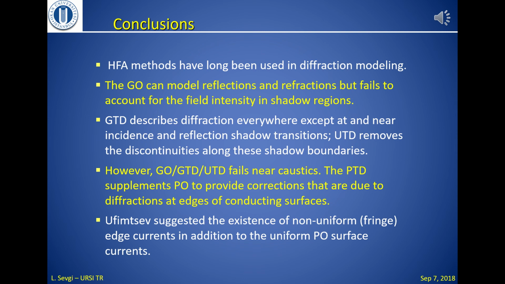However, GO, GTD, and UTD fail near caustics. The PTD supplements PO to provide corrections that are due to diffractions at edges of conducting surfaces. VV&C suggested the existence of fringe currents in addition to the uniform PO surface currents.